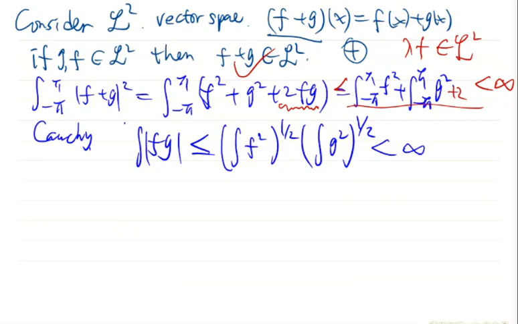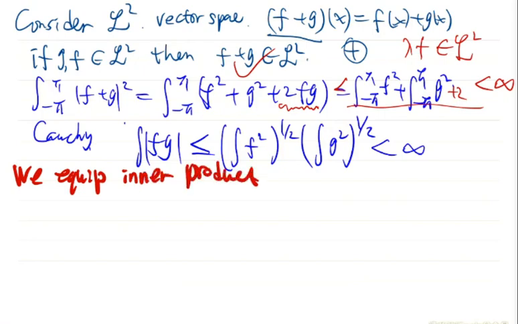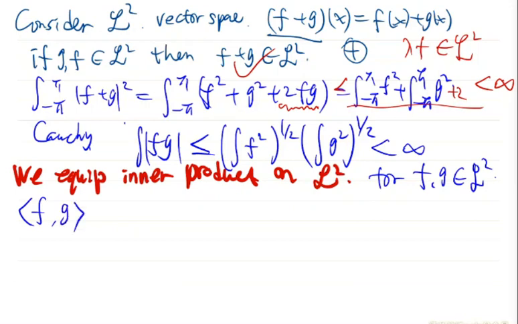Okay, in this vector space, we can introduce an inner product. The inner product is defined in this way. For f and g in L2, the inner product of f and g is 1 over pi, the integral from minus pi to pi of fg dx.